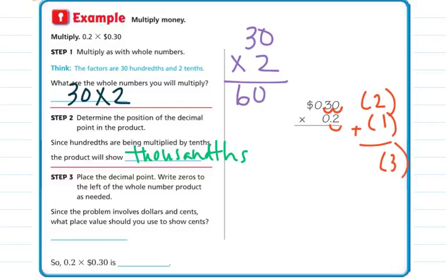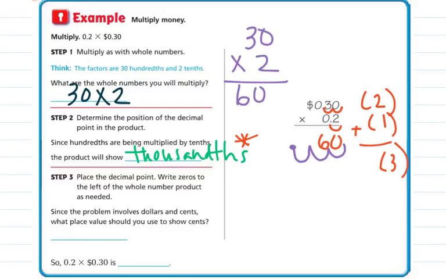Boys and girls, we know that any decimal that has 3 decimal places must be in the thousands, which connects to what we just solved. So it says we are going to take the number 60 and we are going to move 3 decimal places. So, boys and girls, let us start. 1, 2, 3.